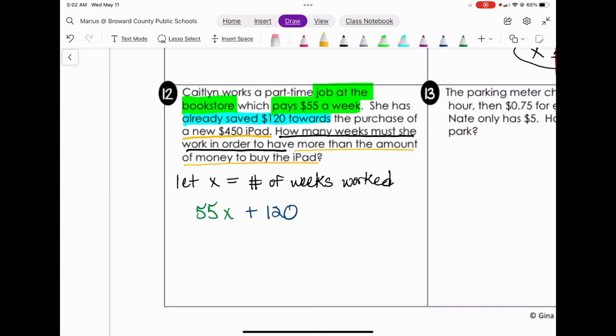And she doesn't want to have exactly $450. She wants to have more than $450. So we're just going to use the greater than symbol. And then we're going to put 450. Okay?